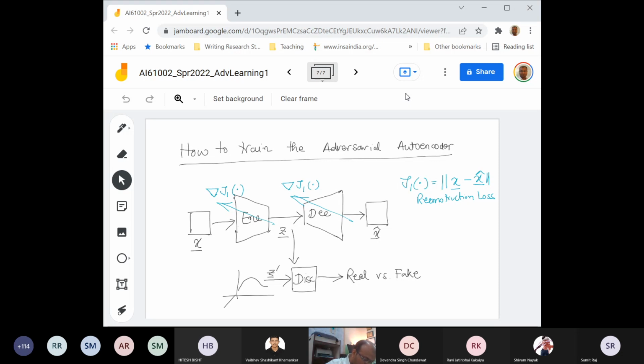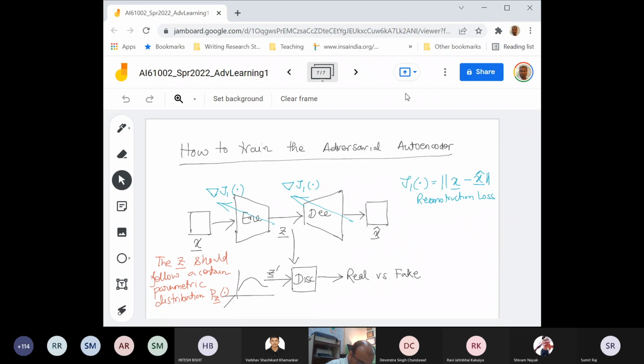I had a certain objective, and that objective is that the Z should follow a certain parametric distribution PZ. This is what I wanted to follow.